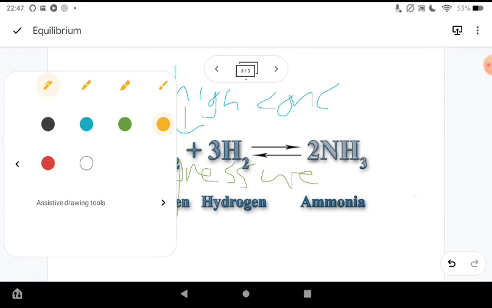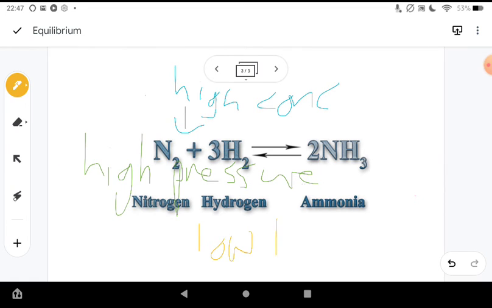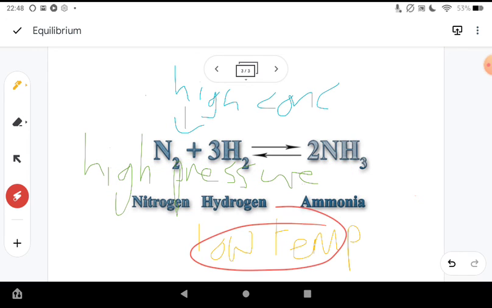And I would want, because it's an exothermic reaction, I would want a low temperature. All right, and that's what you would probably consider. So this is stuff that goes up to grades 7, 8, 9. These are the conditions that you'd imagine would favour this. High concentration of these will shift the equilibrium position over here. High pressure will shift the equilibrium position to the fewer gas particles, and low temperature will favour the exothermic. And the equilibrium position will be right over here, which is true.